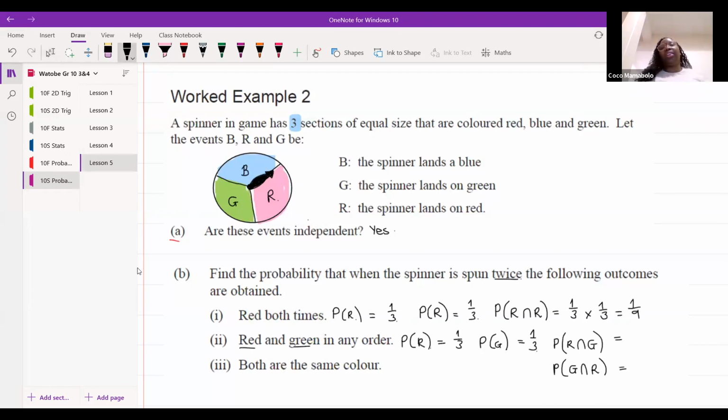So we know that the probability of red is 1/3 and the probability of green is 1/3. So the probability of red and green would be 1/3 times 1/3, which is still 1/9. And again, the probability of green and then red is still going to be 1/3 times 1/3, which is still 1/9.